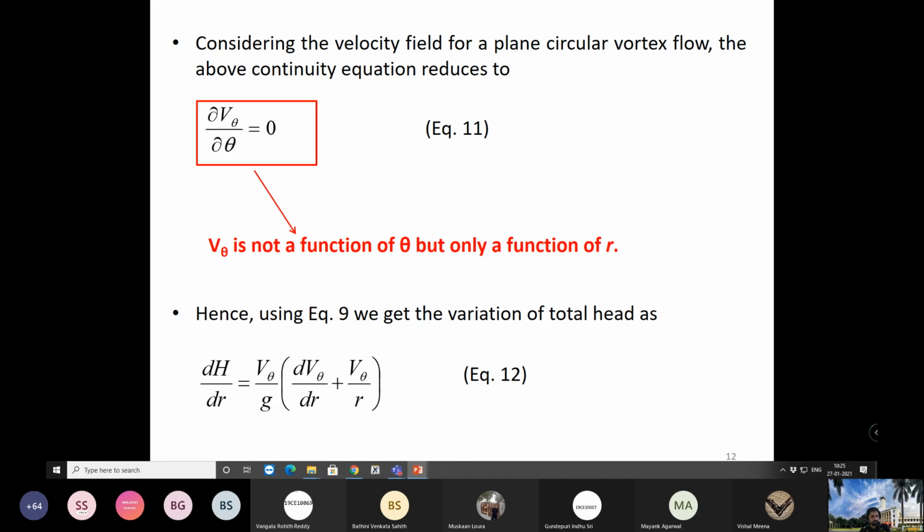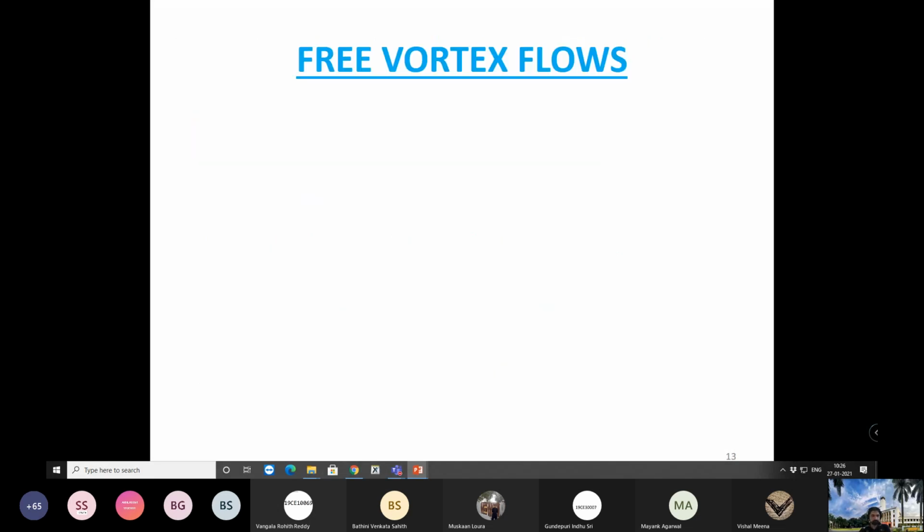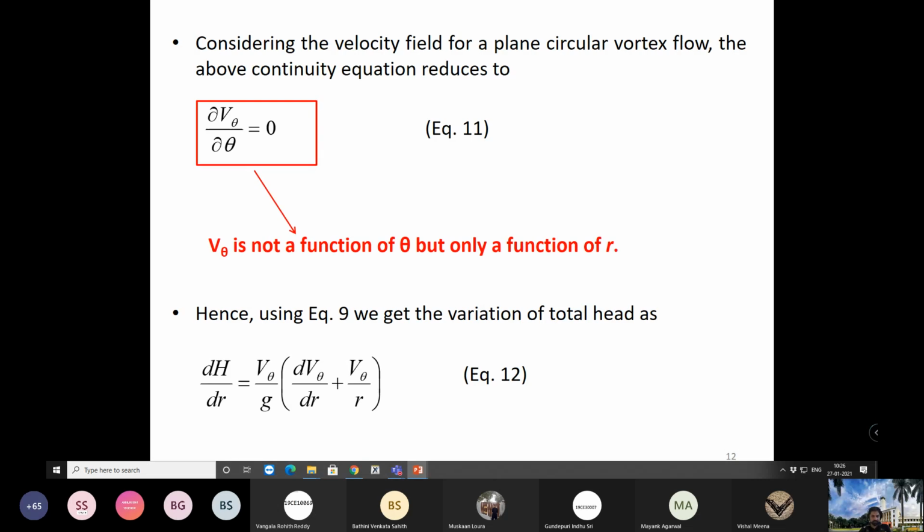So dH by dr is equal to V theta by g, dV theta by dr plus V theta by r, because here we have replaced n with r. All right. Good. So this is one important equation that we are going to use for free vortex and forced vortex.